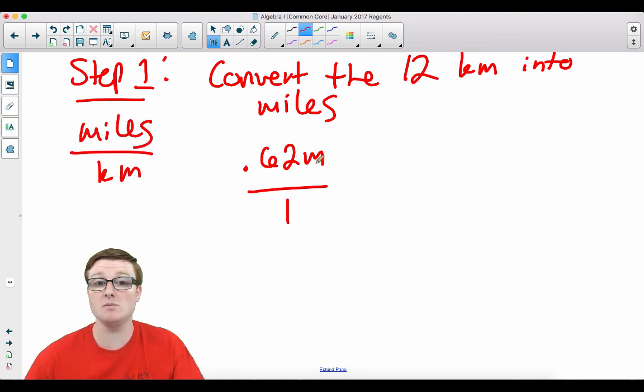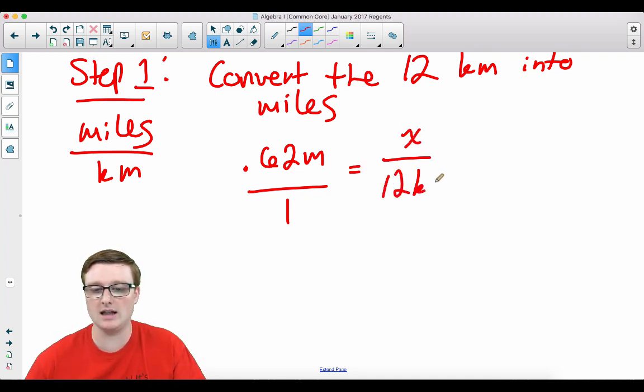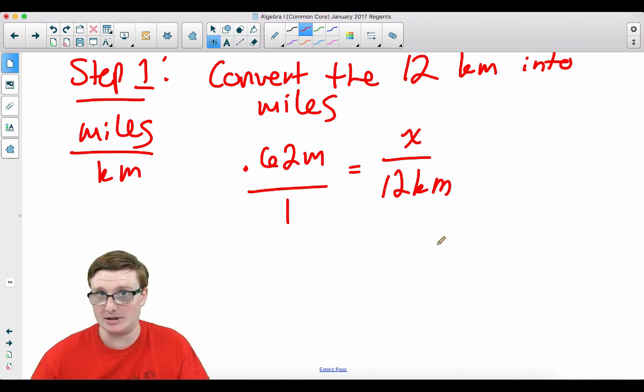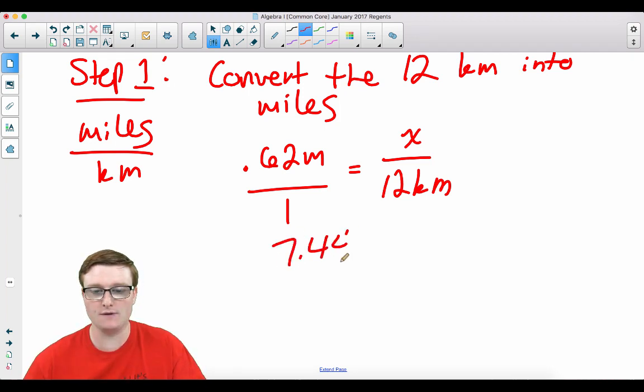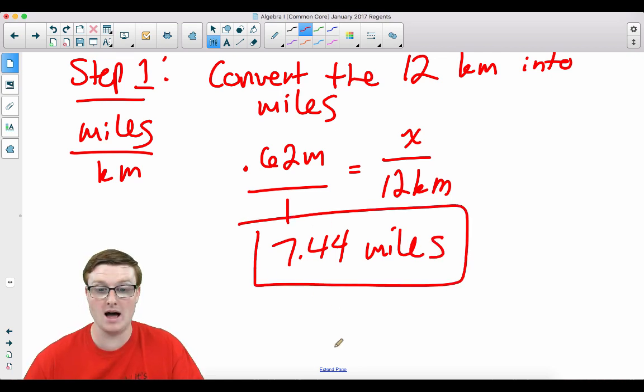So 0.62 miles over 1 kilometer is equal to x over 12 kilometers. So how many miles are there in 12 kilometers? 12 times 0.62, that means that there are 7.44 miles. So 12 kilometers is equivalent to 7.44 miles.